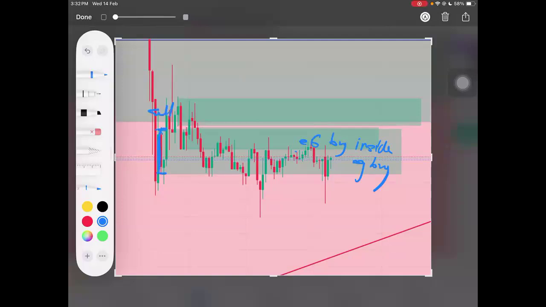It did not break this zone. This EF also did not break. So I just focus on sell.